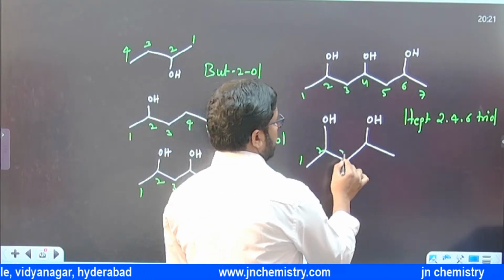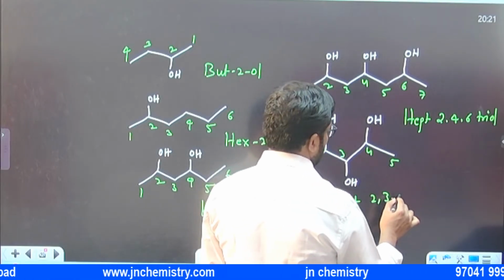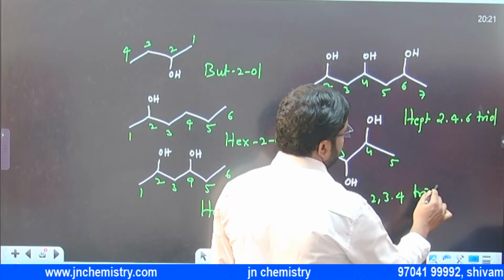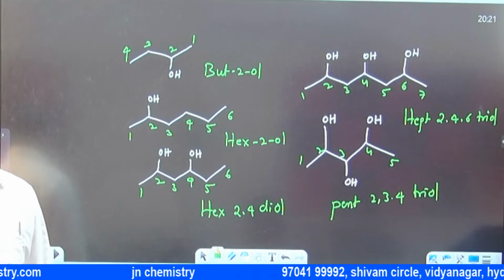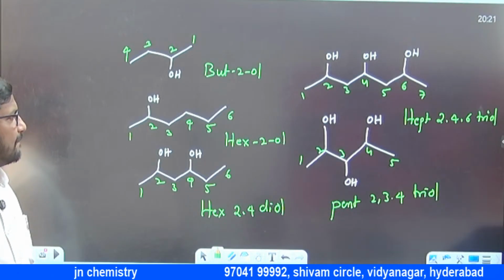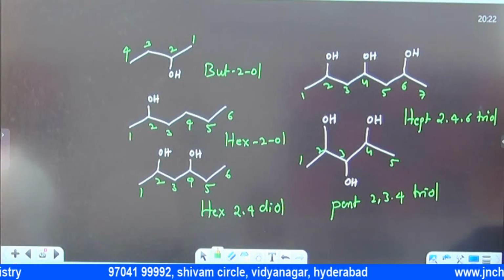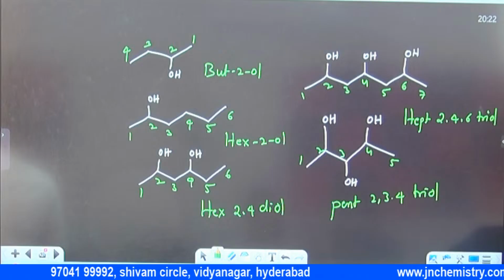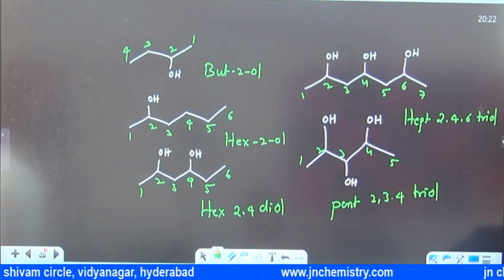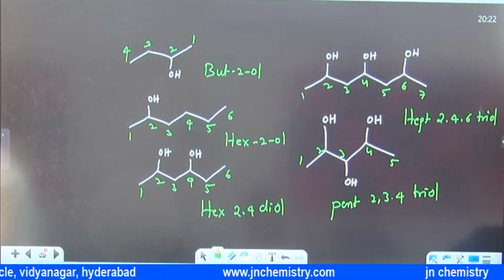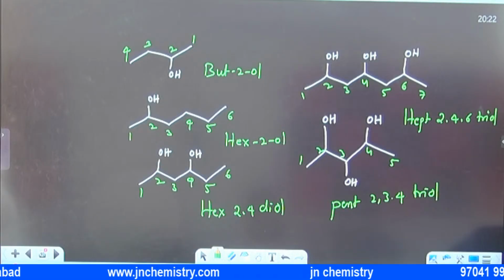This is also 1, 2, 3, 4, 5: pentane-2,3,4-triol. Done? Come on, write it down first. Completed?